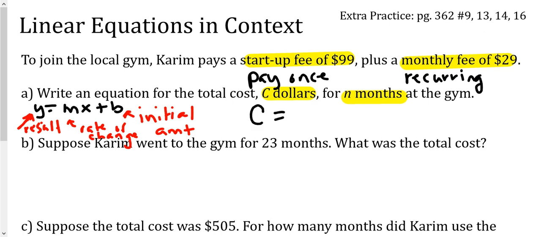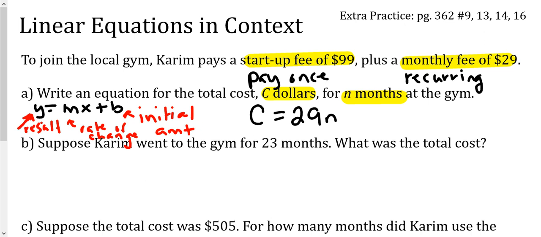And that's equal to the rate of change, that's going to be my monthly fee. That's going to look like 29n, because what that means is for every month, my cost is going to increase by 29. When n is 1, 29 times 1. When n is 2, now I've paid for 2 times $29 monthly fees. But there was that initial fee at the start.